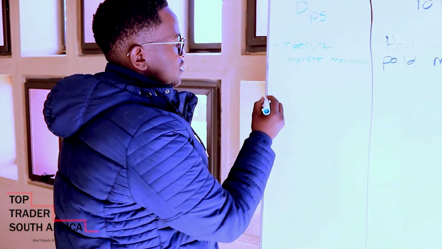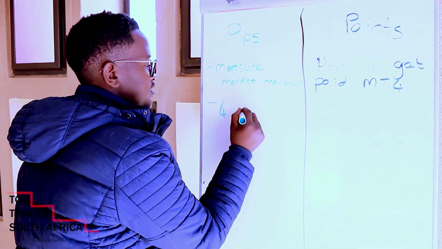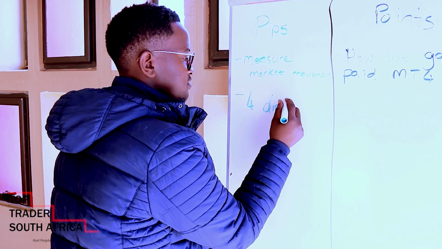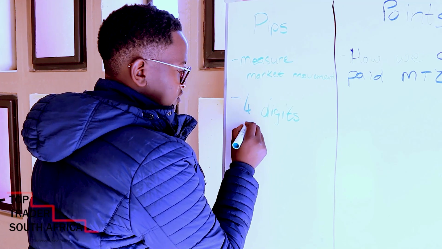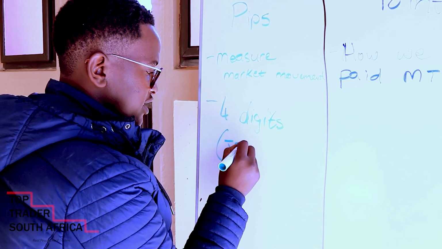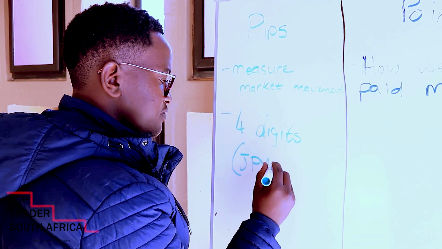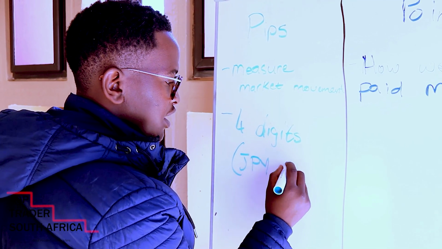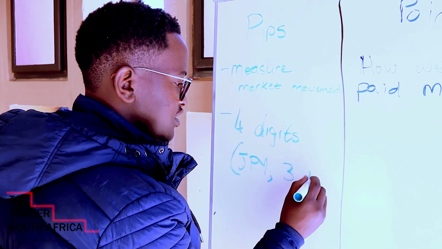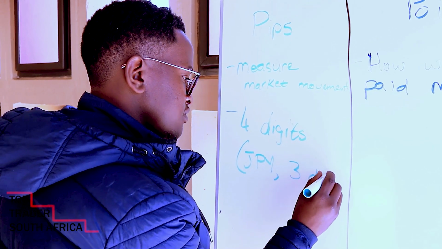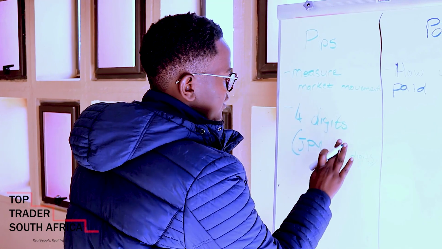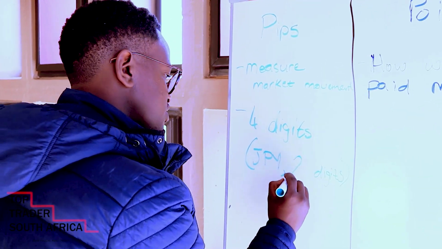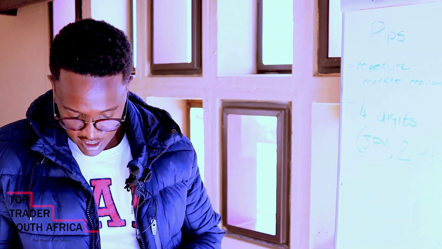Points is 4 digits after the decimal, with JPY being the exception, where it's 3 digits after the decimal. Sorry, I'm lying, where it's 2 digits after the decimal.